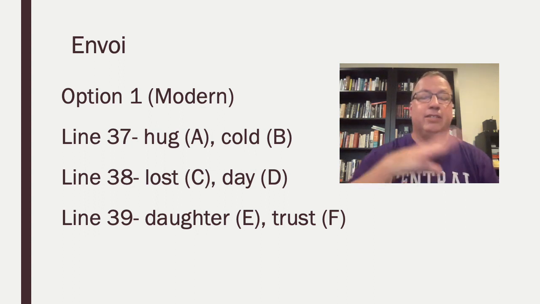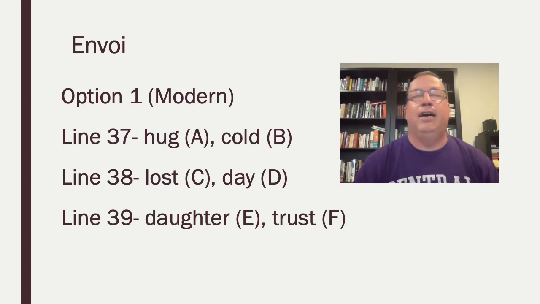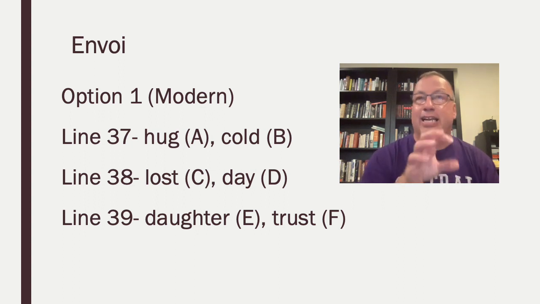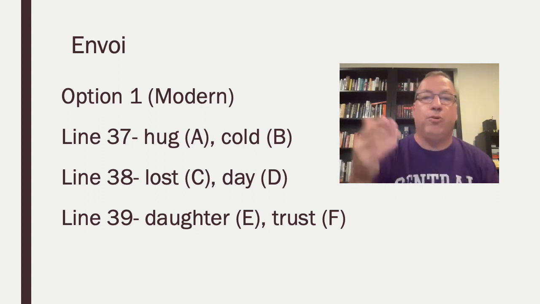In modern times, this is the traditional end situation. So hug, or word A, is in the middle. Now, it does not have to have a comma. I just have a comma to place that idea that it's set in the middle, and then word B, cold, is at the end.